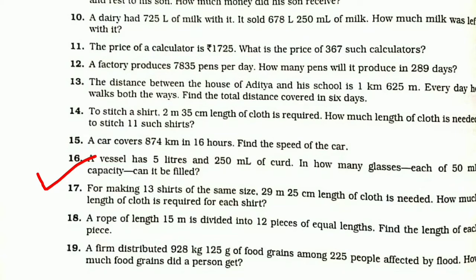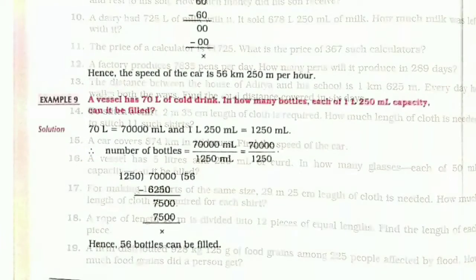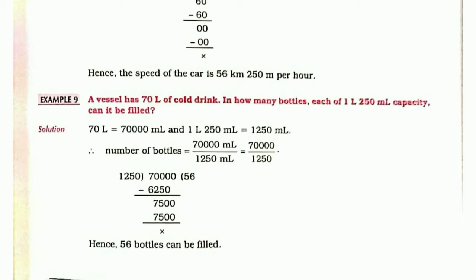As you can see here in the example, a vessel has 70 liter of cold drinks. In how many bottles, each of 1 liter 250 milliliter capacity, can it be filled? So for solving this, we will divide the capacity of the vessel by the capacity of the bottle.